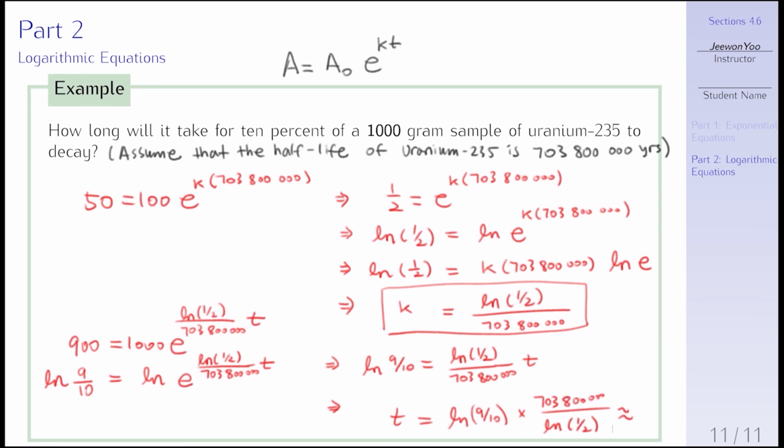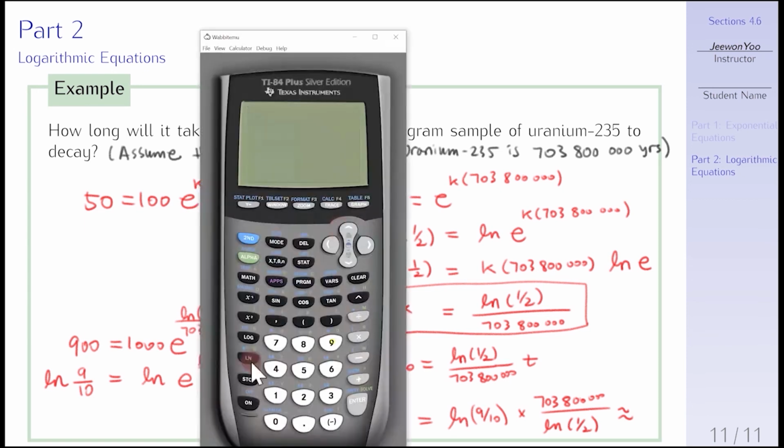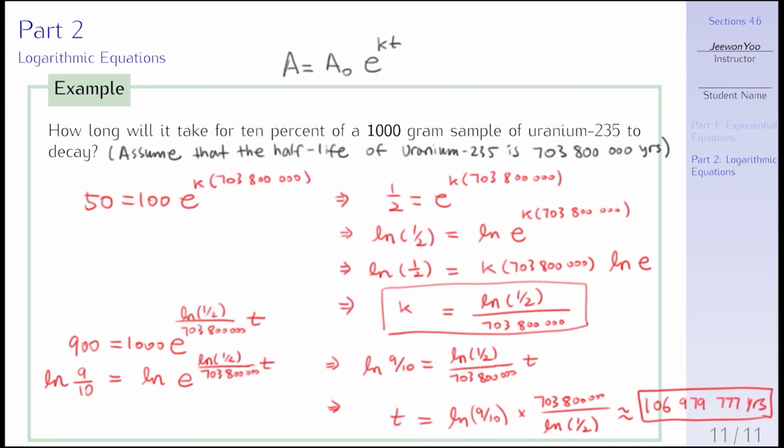And take out your calculator and enter everything you've seen here. And the answer is 106,979,777 years. Thank you very much. This is the end of all the exponential and logarithmic equations.